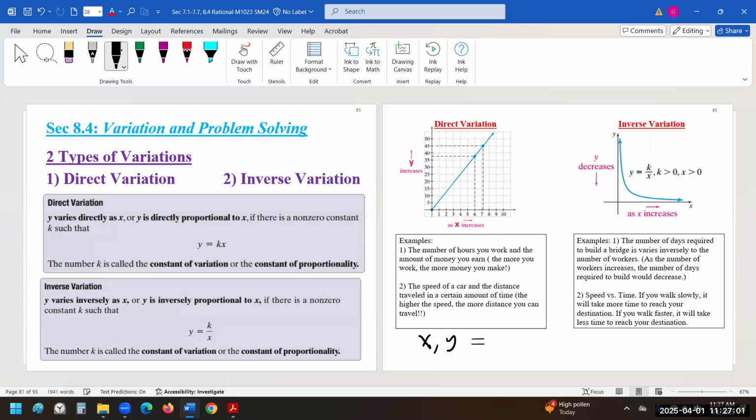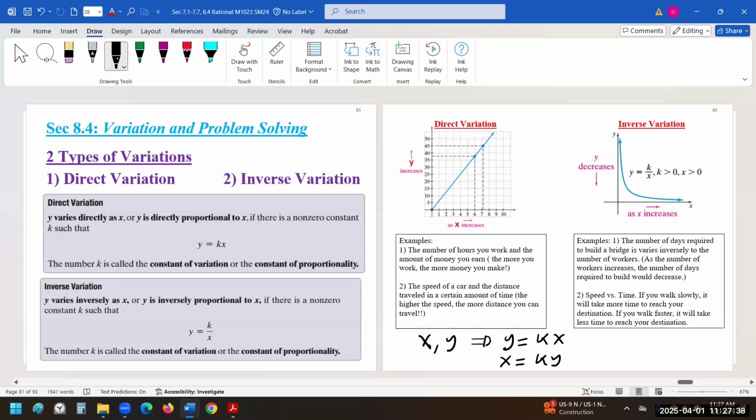So we can express this as Y equals KX, or X equals KY. It means X and Y are increasing with the same constant K. If X is going up, Y is also going up by a factor of K. If X is going down, Y is also going down by a factor of K.